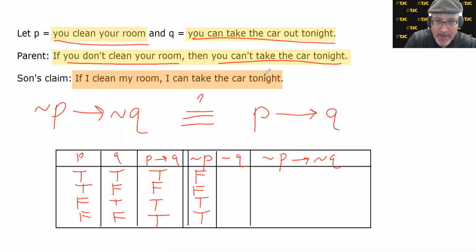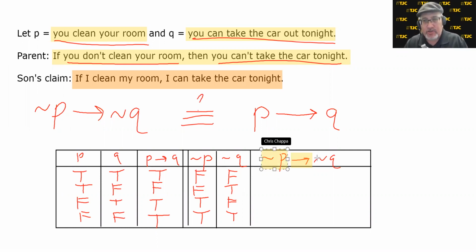And negation Q changes the truth values in the Q column, so it's false, true, false, true. And we're doing conditional on that, and we are doing it in order left to right, so I don't need to draw the arrows. So where's the broken promise? Where is the antecedent? Where is this true and this false? And the answer is right here.